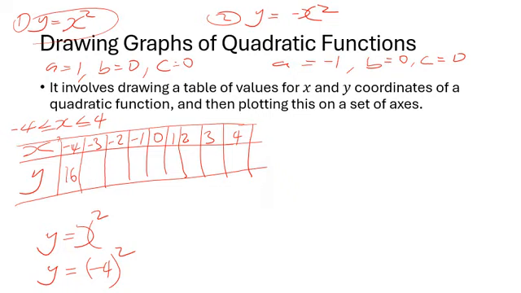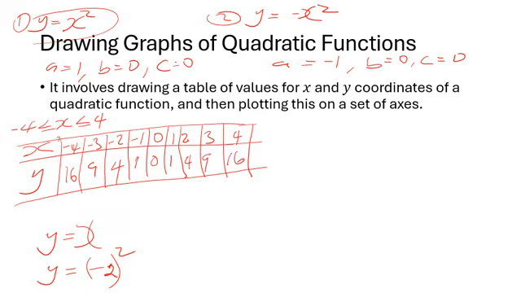If you check on your calculator, when it's -3, -3 to the power 2, that's 9. The same, -2 squared, that's 4, then 1, then 0, then 1, 4, 9, and 16.